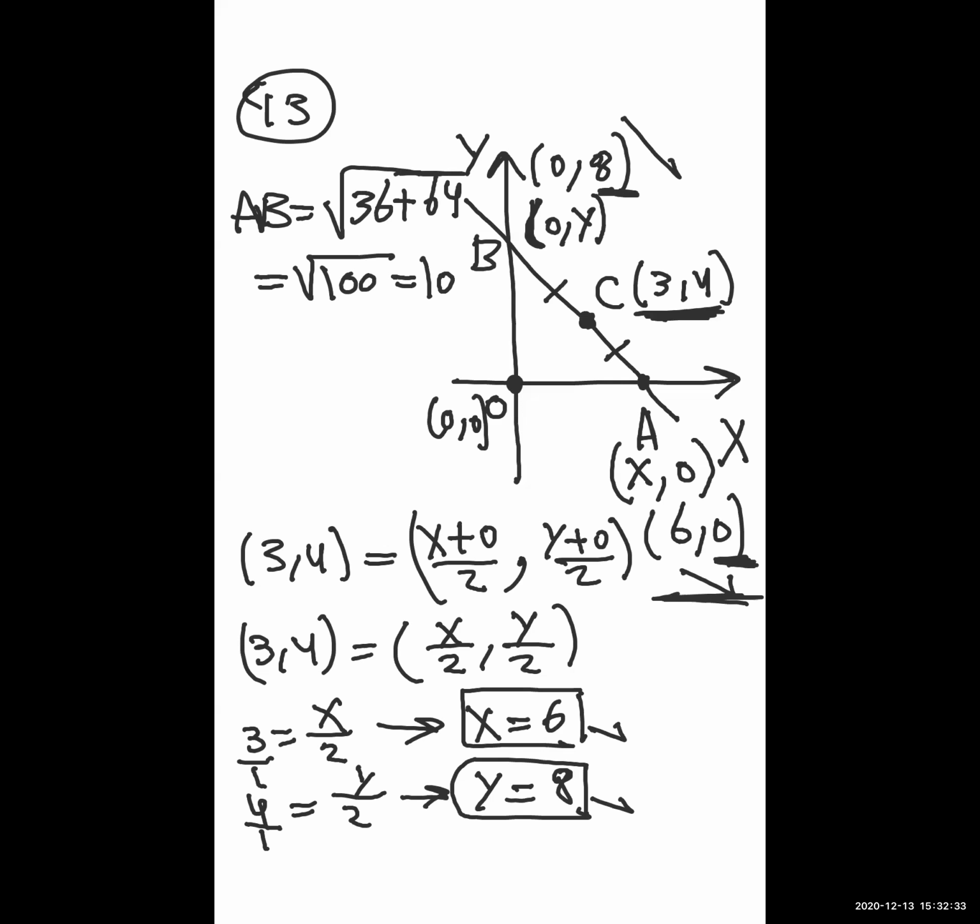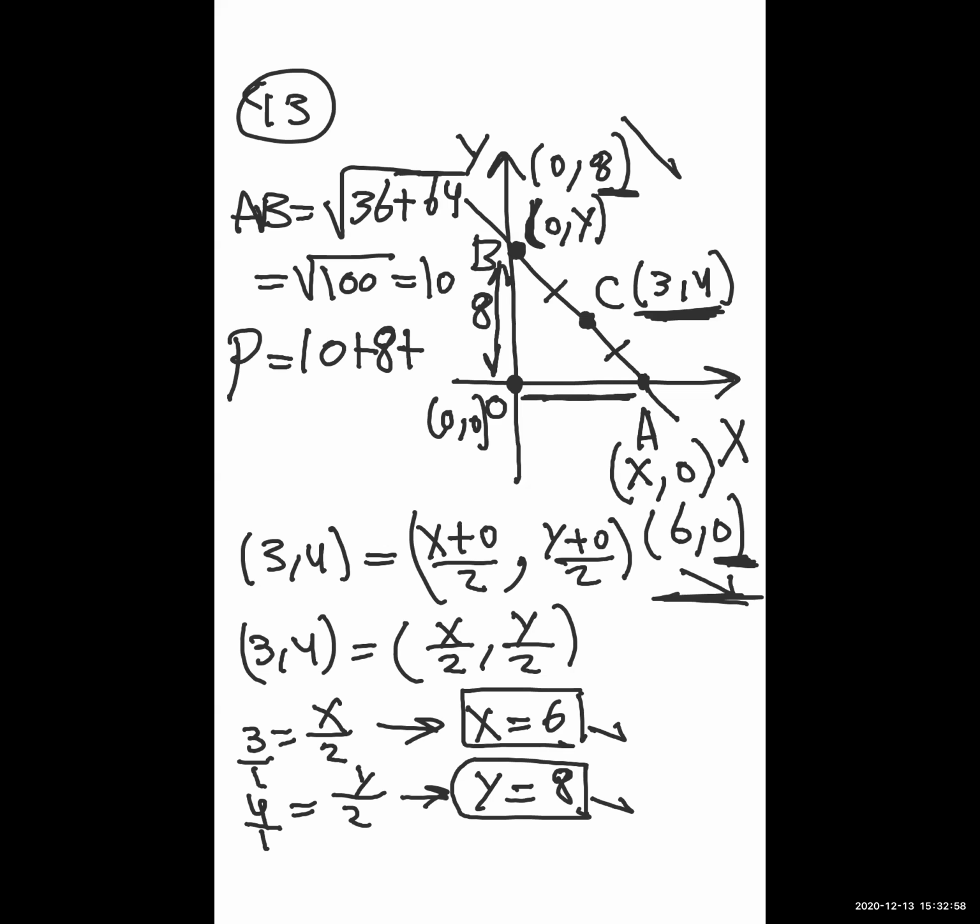Okay? Now the perimeter will equal AB, which is 10, plus BO. This point is (0, 8), so this means 8 units here. So this height is 8, plus this one, OA.